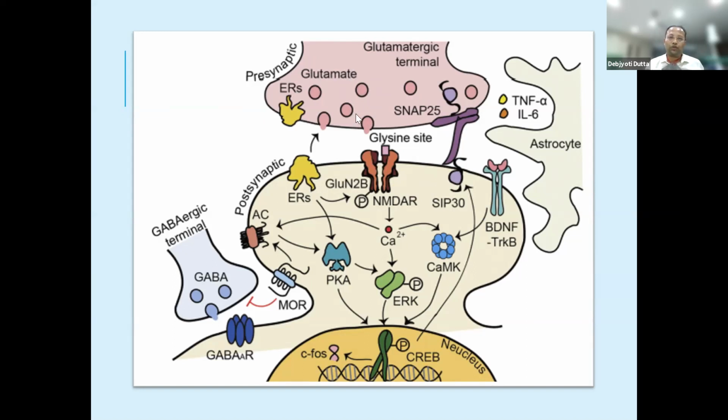Third thing we can do: when the channel opens, it transmits calcium or sodium, one ion from outside to inside. That one also we can block, so that ion will not be available here and will not pass through.